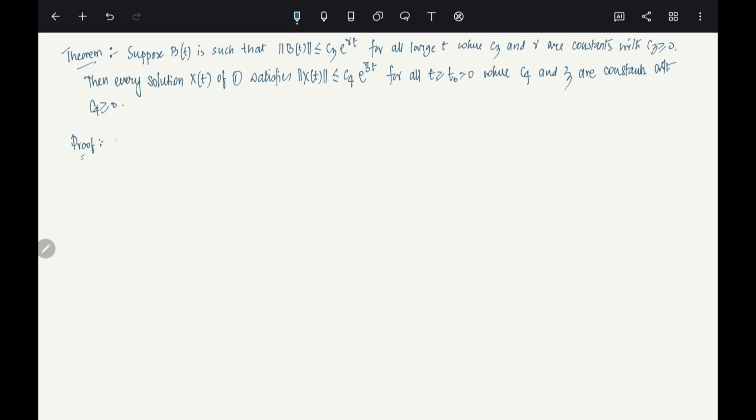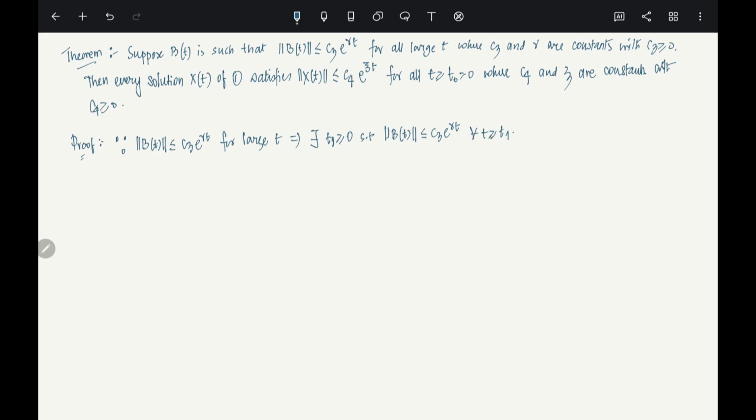Since the norm of b of t is dominated by c3 times exponential gamma t for large t, that implies there exists some t1 greater than or equal to 0 such that the norm of b of t is dominated by c3 times e to the power gamma t for all t greater than or equal to t1.